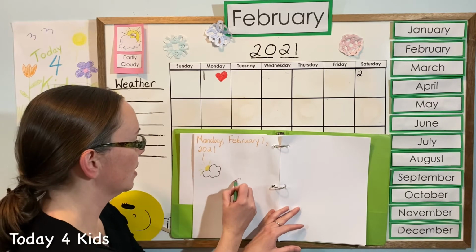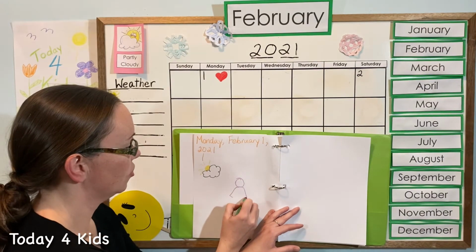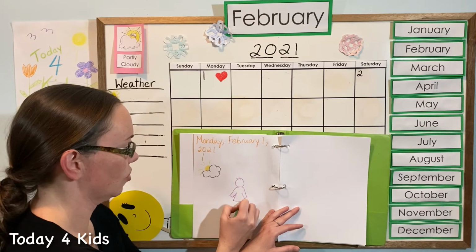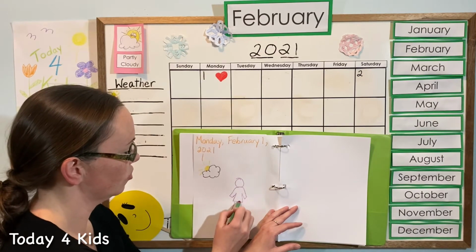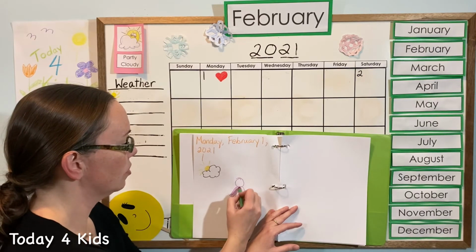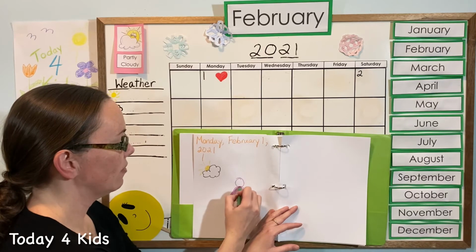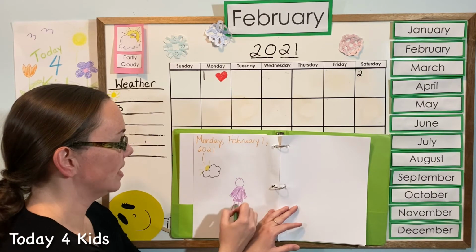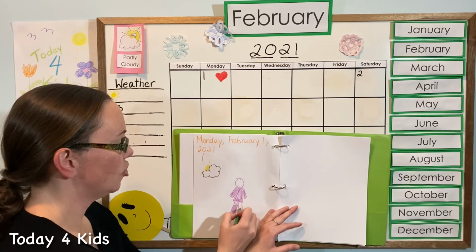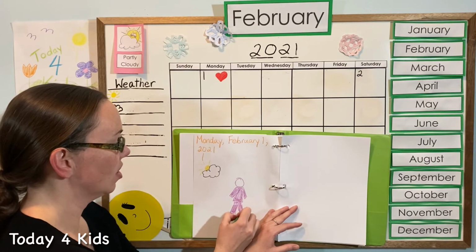So I'm just going to draw myself, and then I'm going to put on a snowsuit because it's kind of cold, with some snow pants. Do you have a snowsuit with some snow pants? It's great for going tobogganing or going sledding, skidooing, skating, or even just playing in my yard.